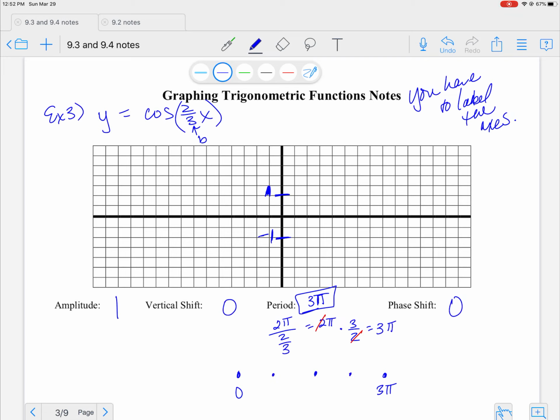All right, so I start at my beginning. I'm not shifting, so I'm going from 0, but my end here is at 3 pi. So I have my middle between those, and then I have halfway between those. So 0 plus 3 pi, what's halfway between that?